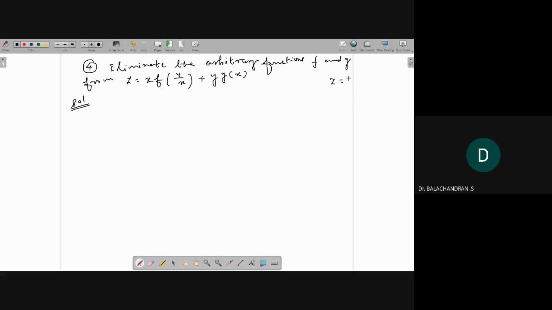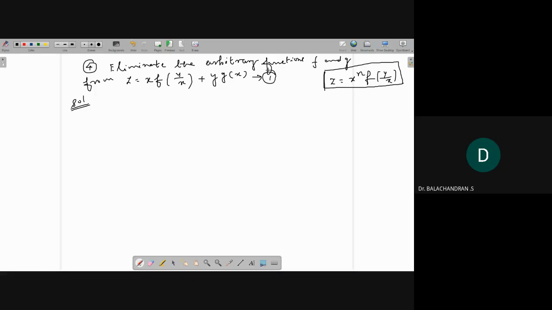Okay. So z equal to x power n into f of y by x. This is a problem I solved in the previous class. But here you have extra, you have plus y into g of x. So you take this as equation number 1.